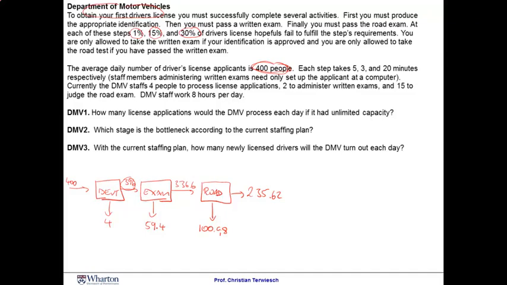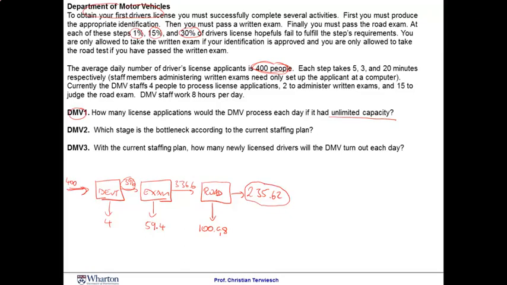And so that really gives us the answer to the first question. If there's unlimited capacity, we are able to serve all this demand, all these 400 customers, and just because of the attrition loss, this will give an output of 235.62 applications per day.